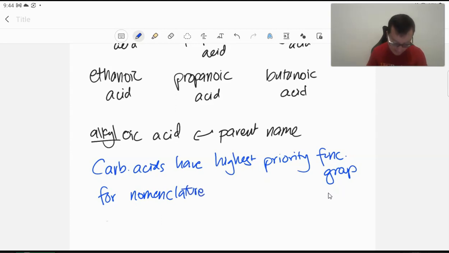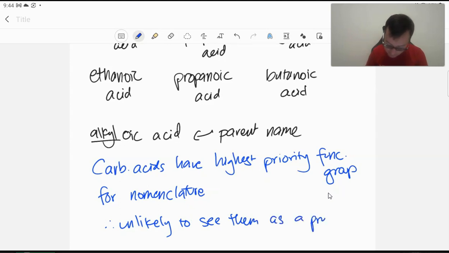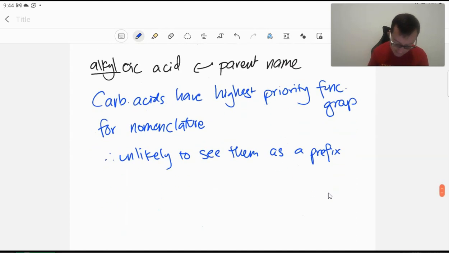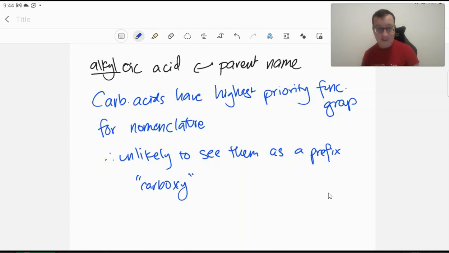And so it is unlikely to see them as a prefix, but I'll tell you that prefix anyway, it's carboxy.